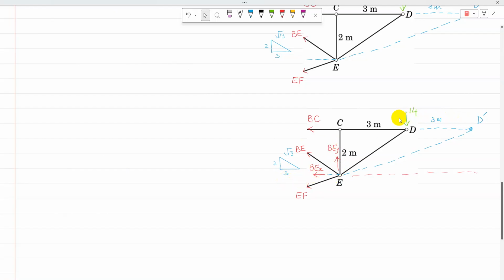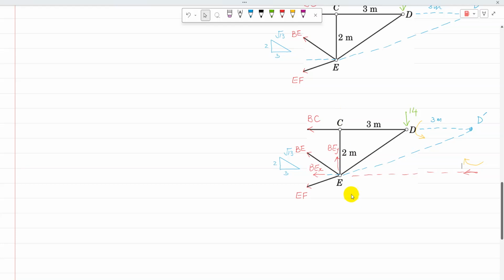The moment of 14 about point D is anti-clockwise, 14 times 3. The line of action of BE passes somewhere here, and its perpendicular distance is equal to CE, which is 2 meter, and it produces a moment in the clockwise direction.